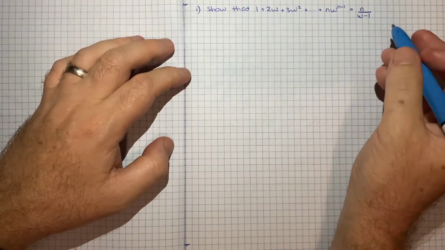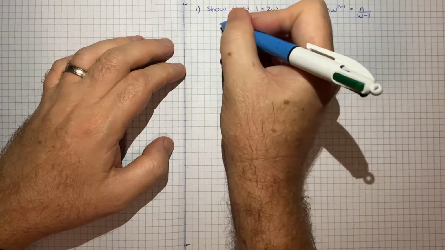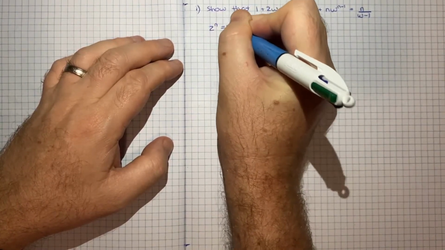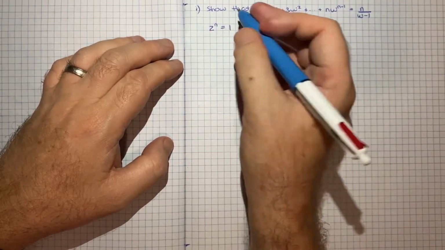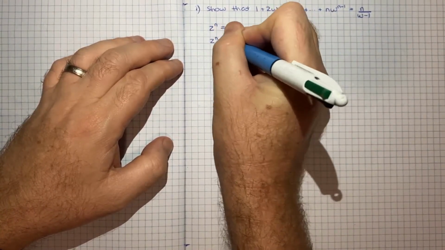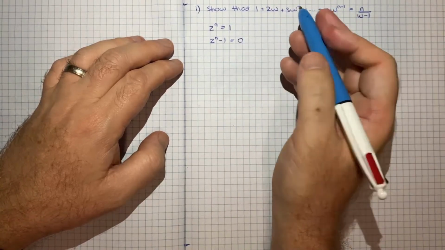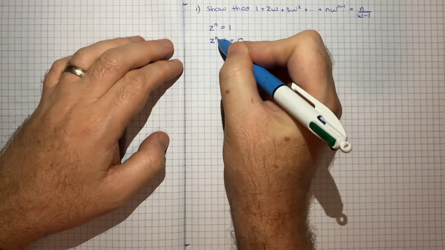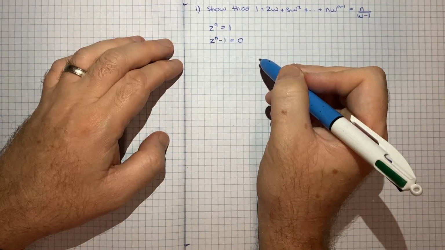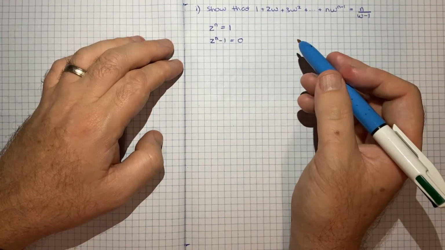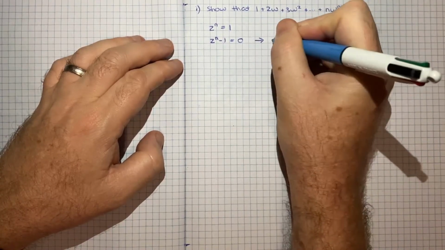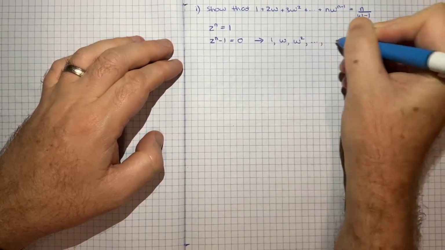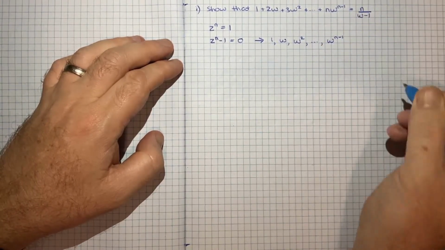So what that means is that typically we have it expressed in the form z to the n equals 1. Or you might see it as z to the n minus 1 equals 0, which is the same thing. And we know that as a polynomial with n as the exponent, there'll be n solutions to this. So the solutions here would be 1, omega, omega squared, and so on, all the way up to omega to the n minus 1.